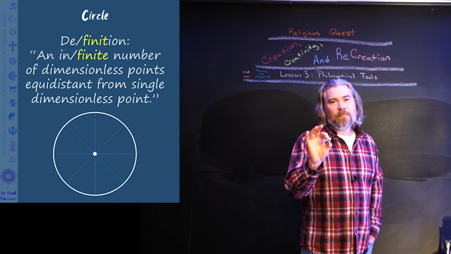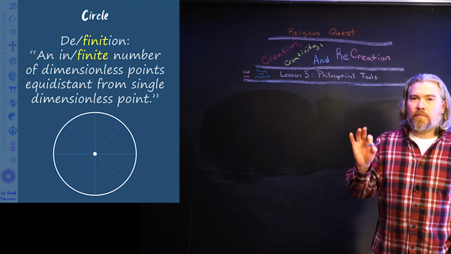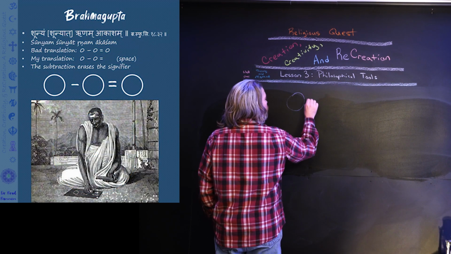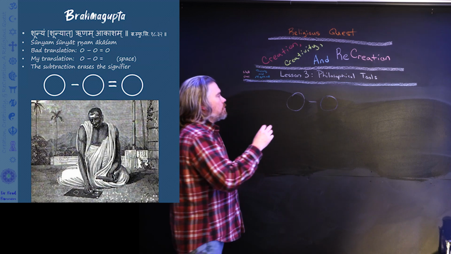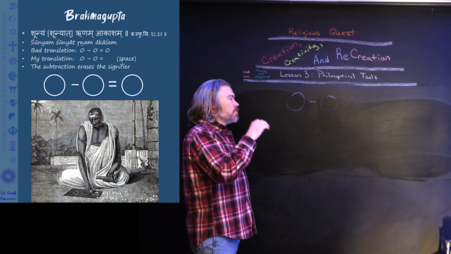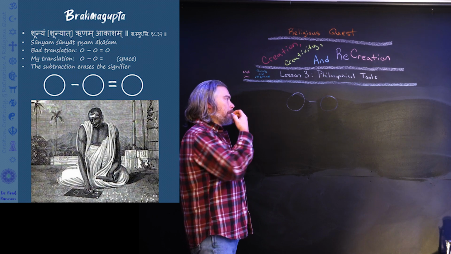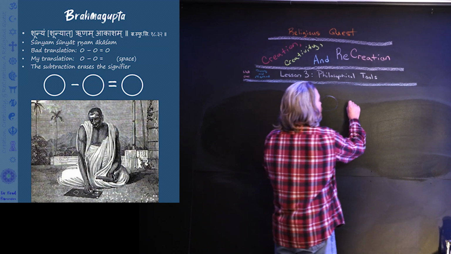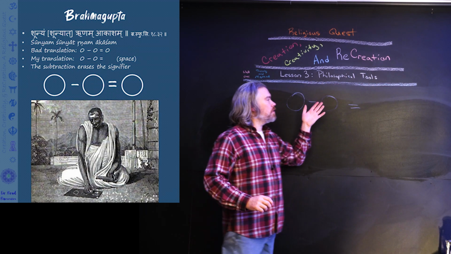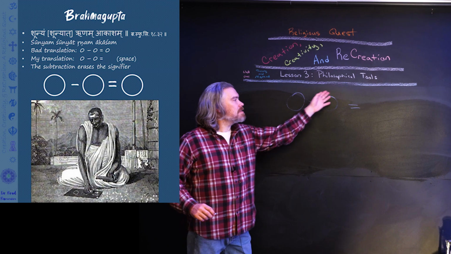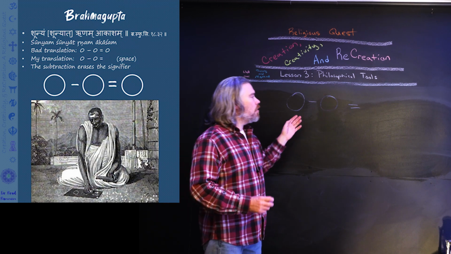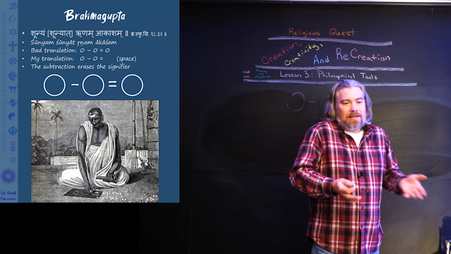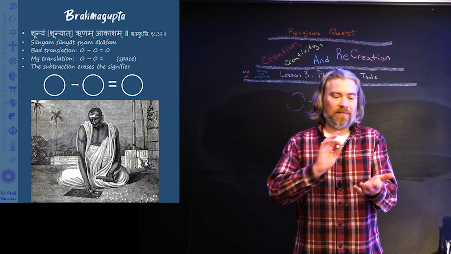Right? Now, when we were talking about Brahmagupta, we said that Brahmagupta pointed out that 0 minus 0, shunyam shunyat, rina akasha, 0 taken away from 0 leaves us only with the empty space, right? We're erasing the signifier, because the signifier 0 as signifier brings nothingness into being. It lets nothing be.